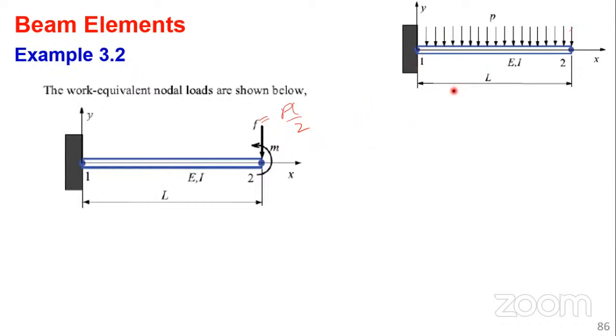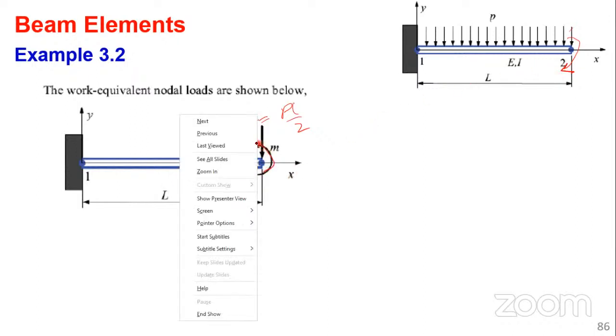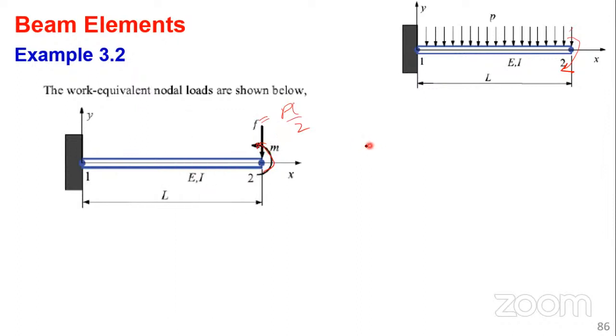Now, for the moment, you see, the load is acting downward. So what effect does it have on this? The normal sign convention, we could say the moment causes hogging. So in case of our finite element, it's the other way around. It's opposite. That's what I wanted to clarify.